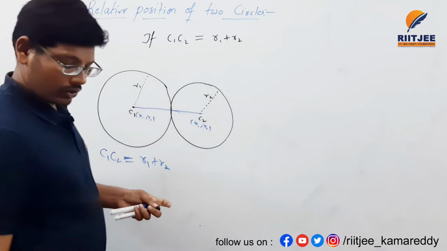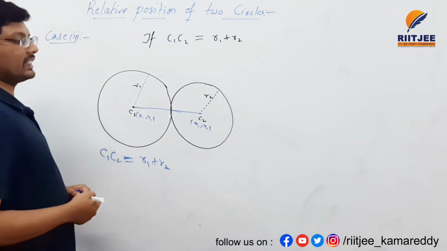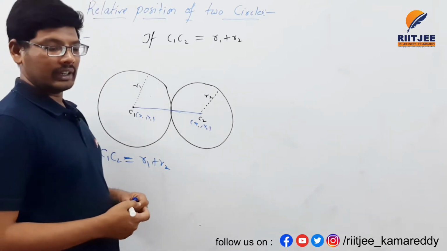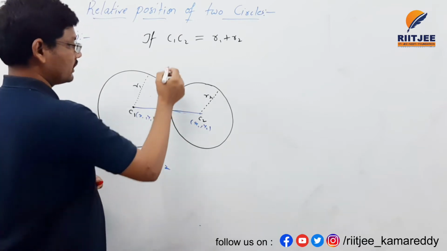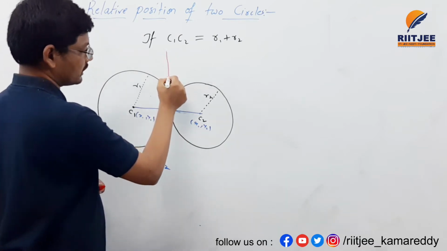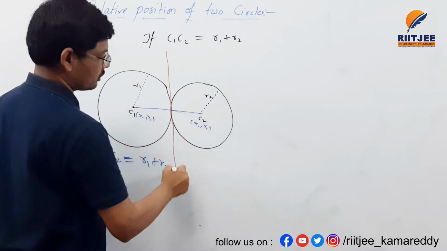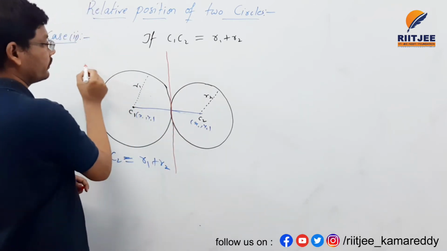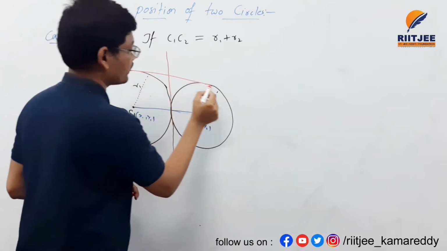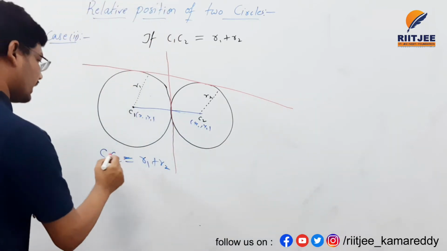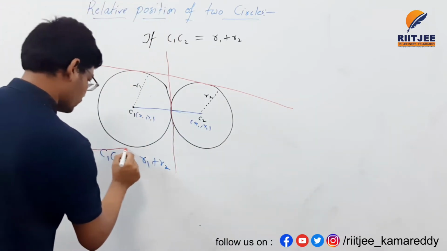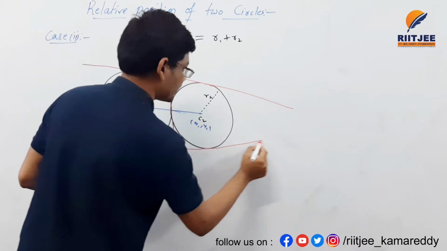Then here how many tangents are possible here? See, when comes to the like this, here this is one common tangent to two circles, and this is one more direct tangent here, and this is also one more direct tangent.